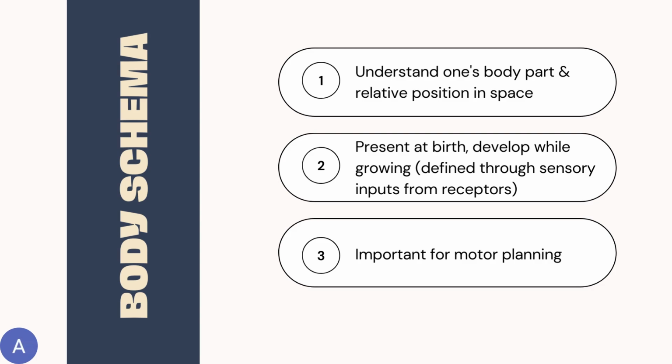Body schema is present at birth and continues to develop while growing. So how do you develop it? You can develop it through your experience with the environment, through your sensory experience.